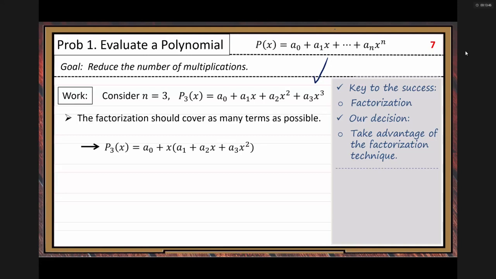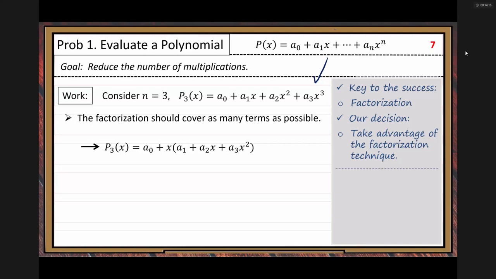This time we rewrite the expression for the cubic polynomial, but look at the factorization: we cover as many terms as possible. Only the first term we cannot cover. The first term, a0, does not contain the common factor x, so we leave it out.